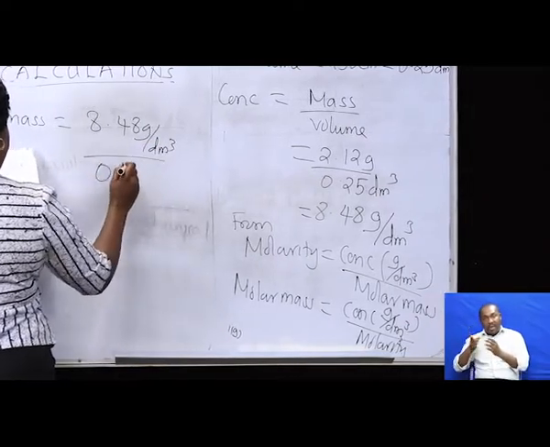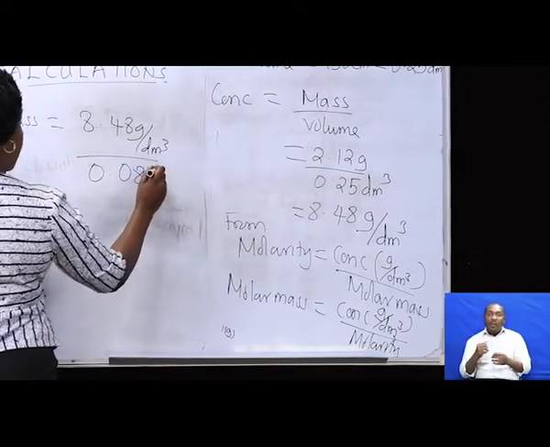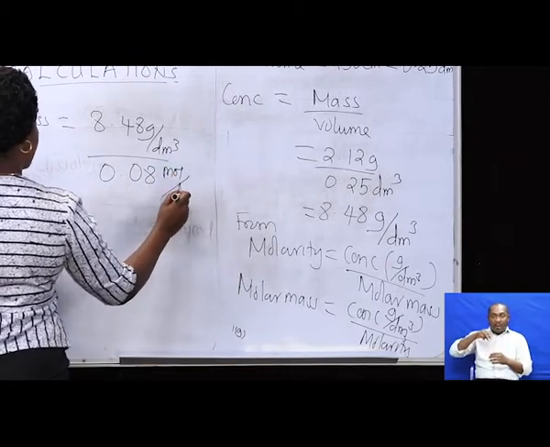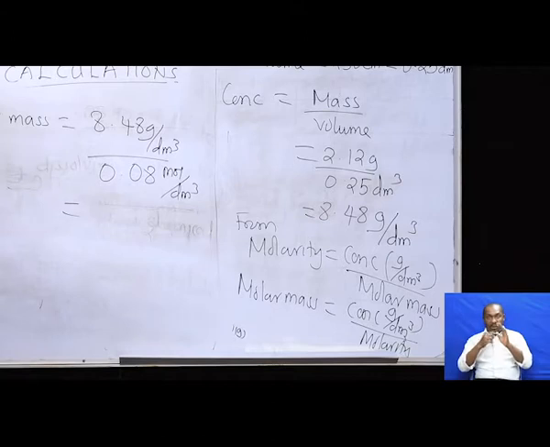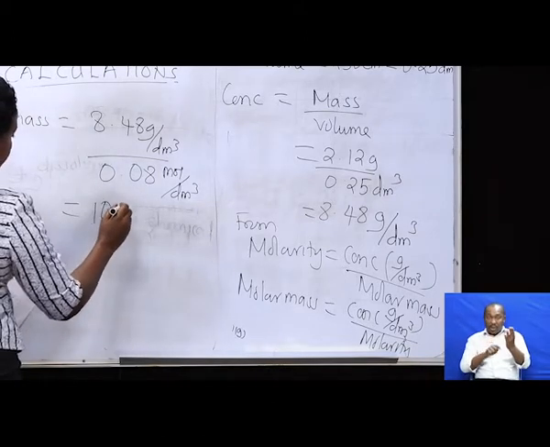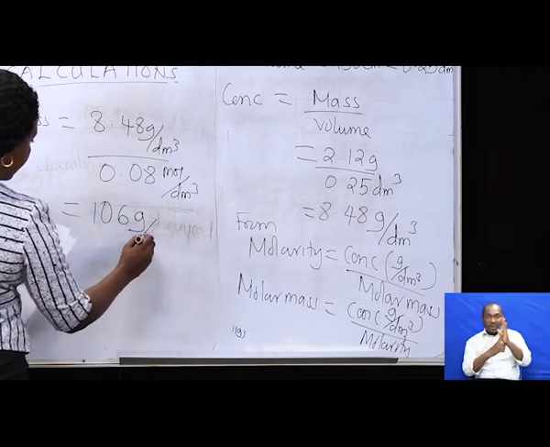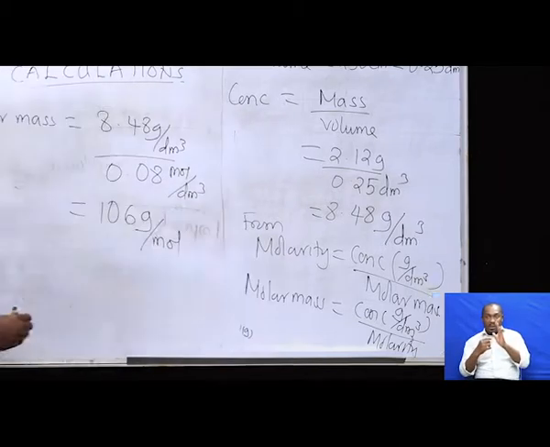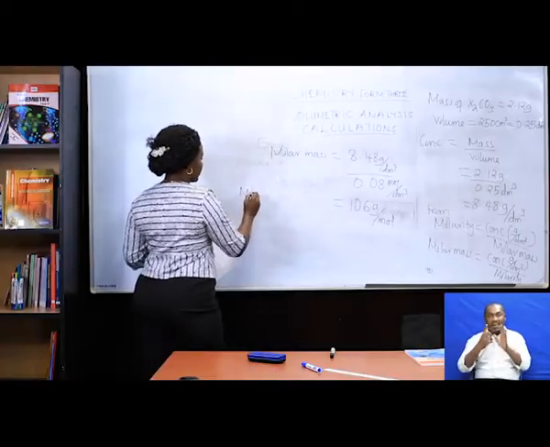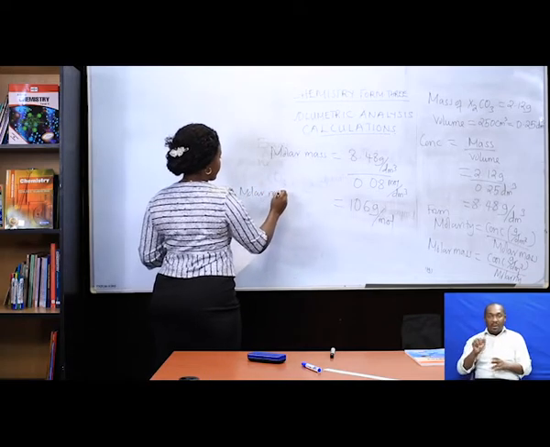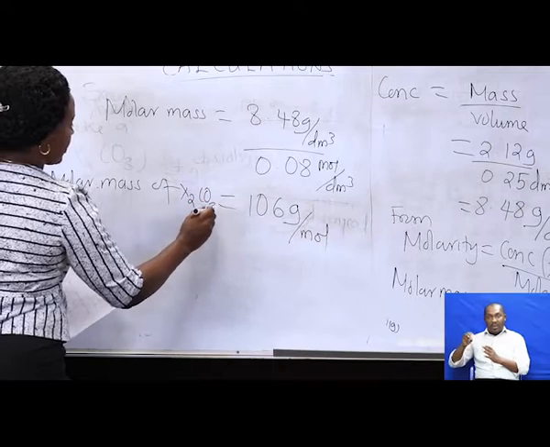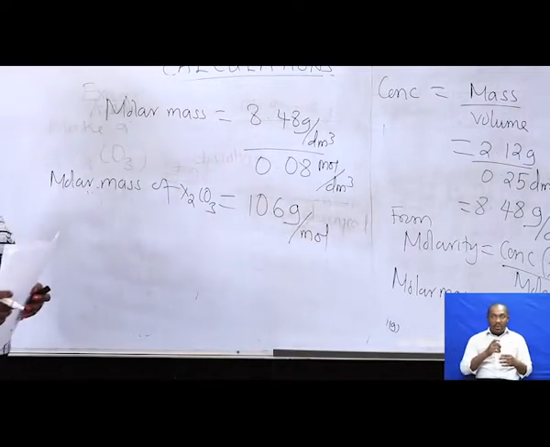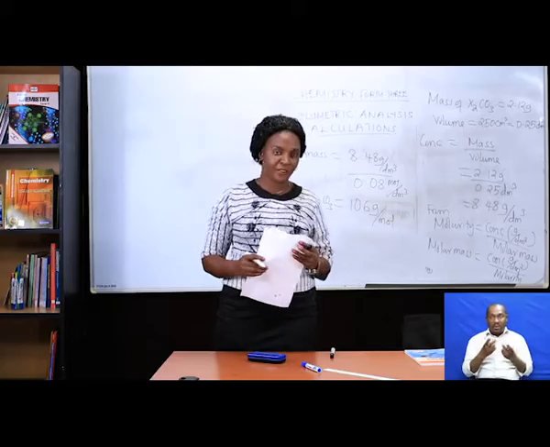Molarity was 0.08 moles per cubic decimeter. If you compute well in your calculator, you're going to get the answer, which will be 106 gram per mole. So the molar mass of X2 carbonate equals 106 grams per mole.